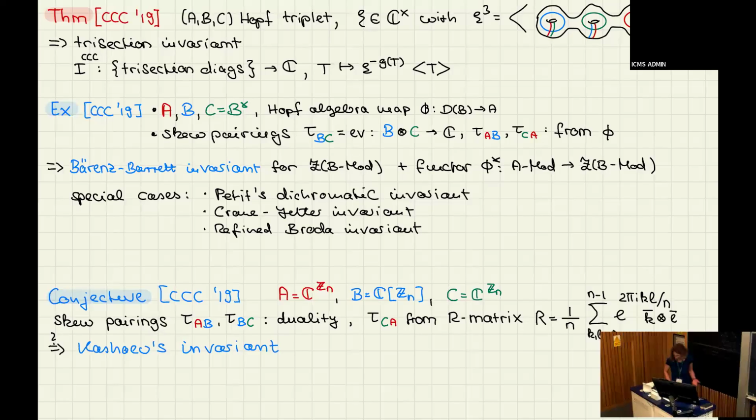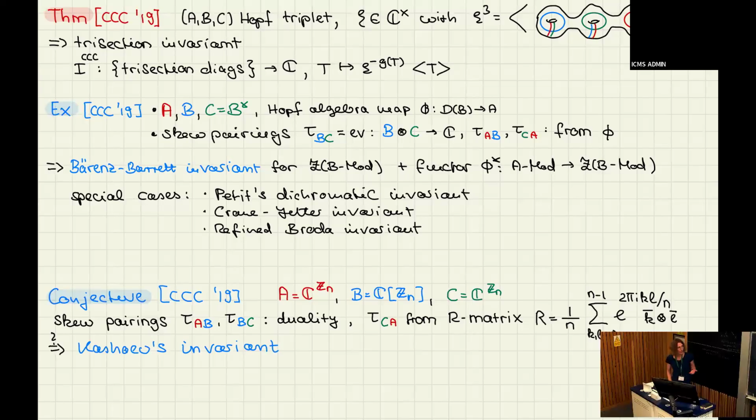But the starting point for our work were the following questions. Somehow this Hopf triplet is a structure one has never seen before. It's a bit artificial. One doesn't know any other part of mathematics where this plays a role. Then also, if one takes the Cooper-Berg invariants as a guidance, then one should note that for Cooper-Berg invariants, at least in those cases where everything is nice, they're related to Turaev-Viro invariants.